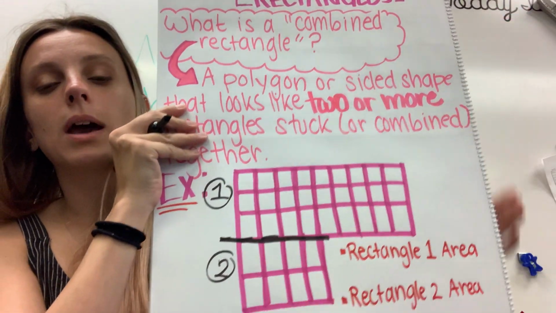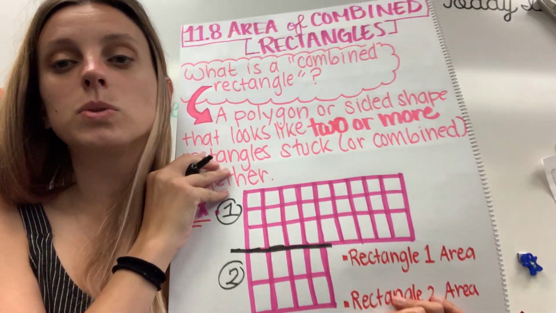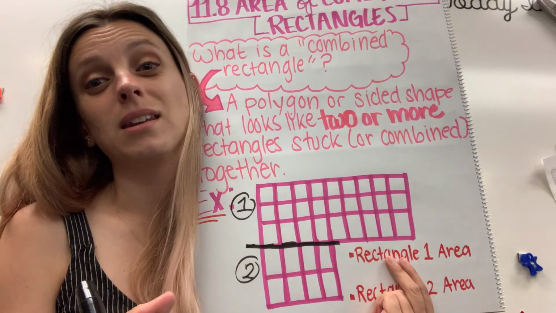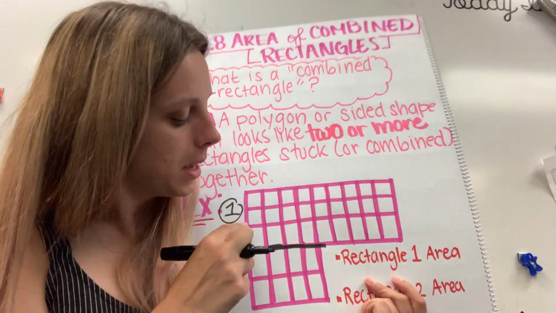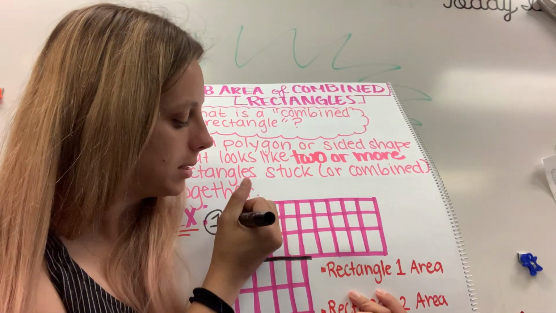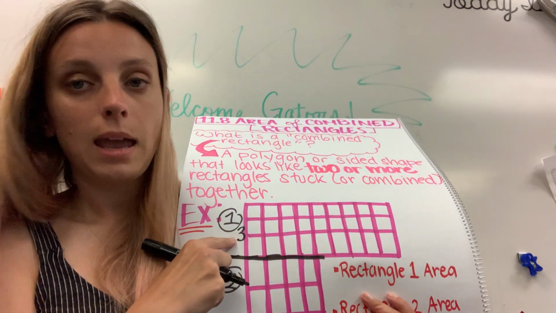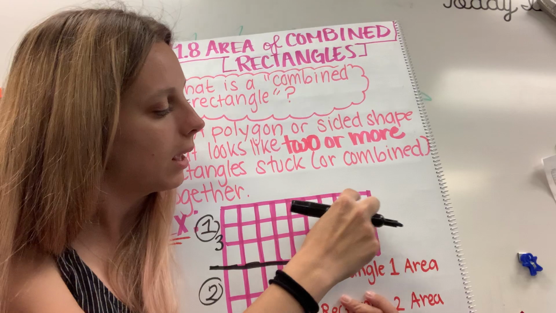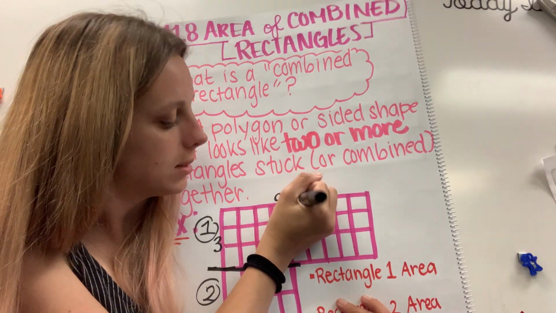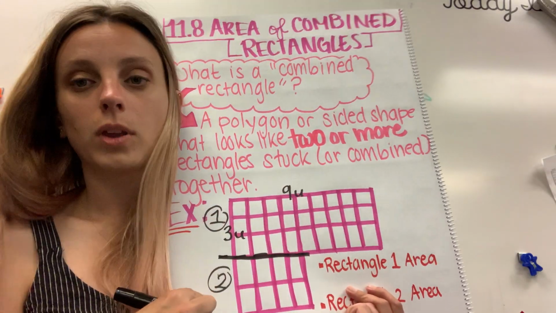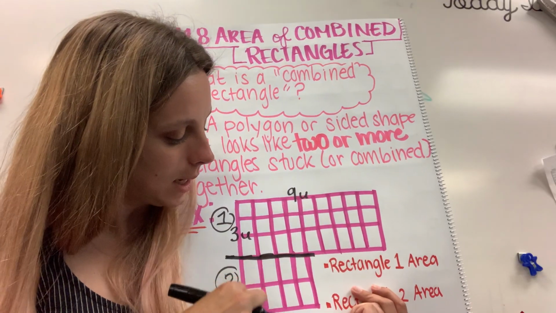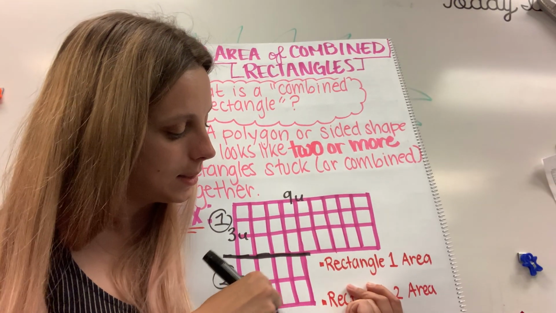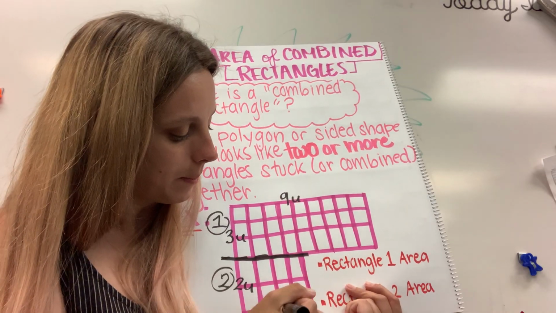All right, so now that they're actually rectangles, I can use what we know about arrays and area models to help me solve this much quicker than actually counting out all those squares. So I see that the side length here is 3 units. And I see that this side length is 1, 2, 3, 4, 5, 6, 7, 8, 9, or 9 units. All right, let's look at our second rectangle. Our second rectangle has a side length of 2 units, and this base is 4 units.